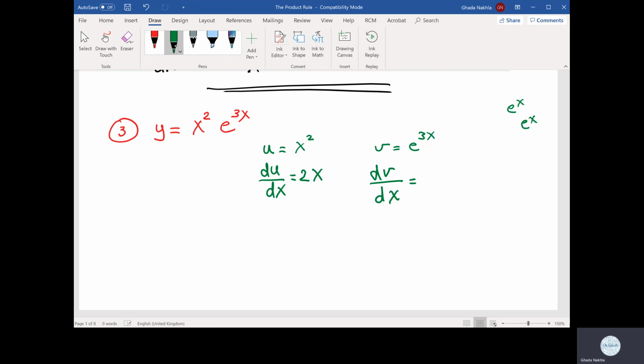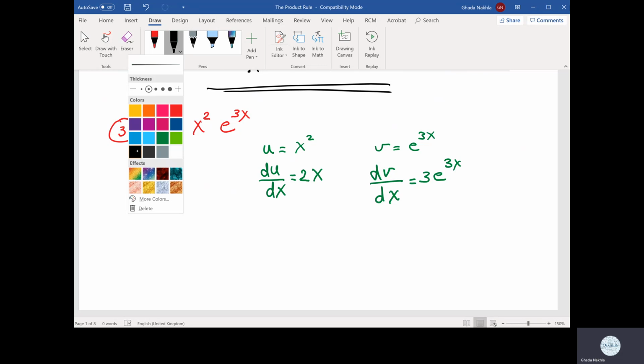When you differentiate e to the kx, you get k e to the kx. In this case, k is 3. So we get 3 e to the 3x.